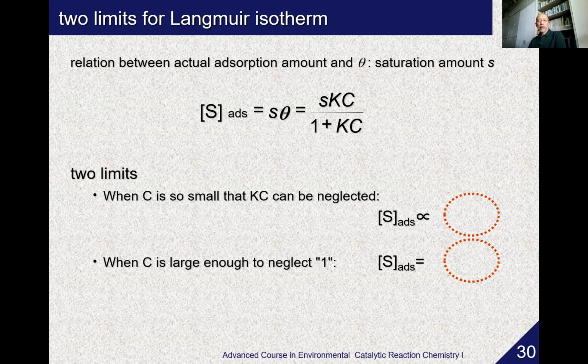Therefore, S multiplied by theta is the actual amount of adsorption. And theta equals Kc over 1 plus Kc. So therefore, this S theta equals SKc over 1 plus Kc.